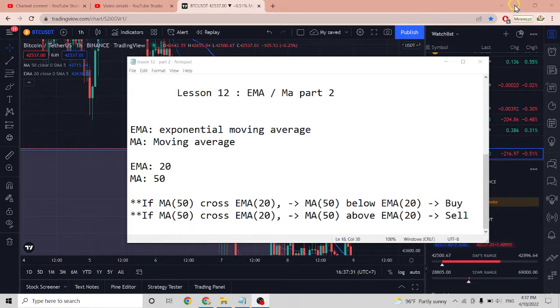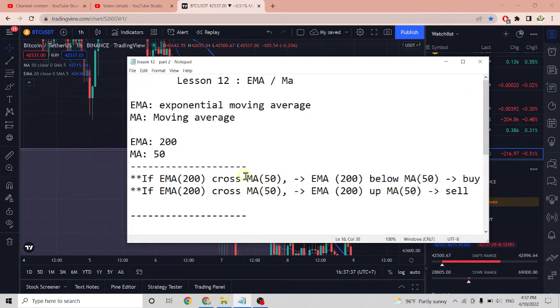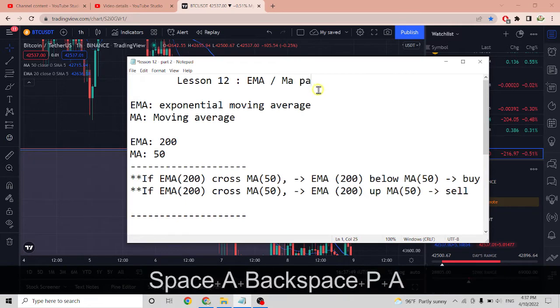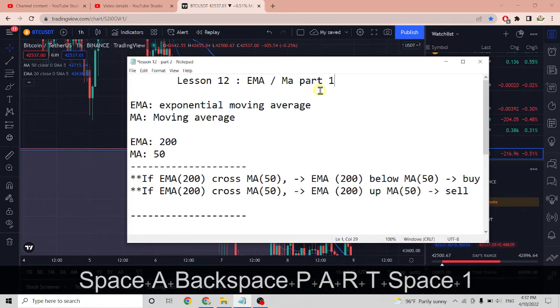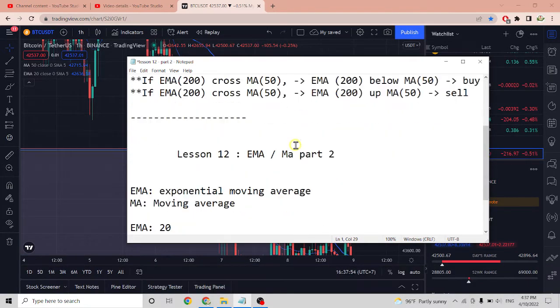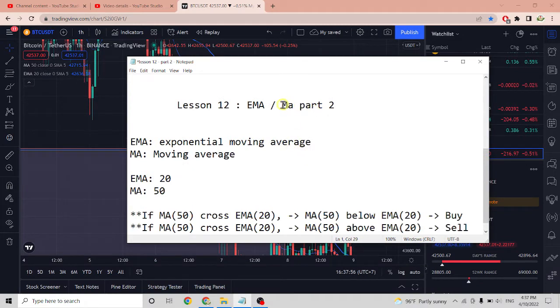Before, we also studied EMA and MA, but that was about EMA 200 and MA 50. You can check out lesson 12, part 1. But today we are going to study lesson 12, part 2, which is EMA and MA.